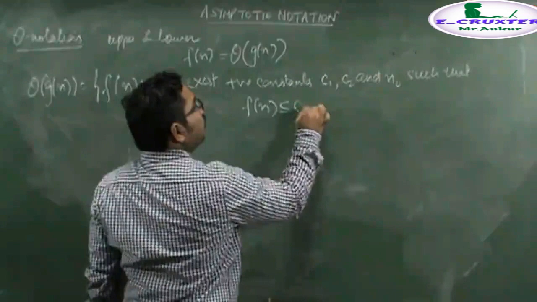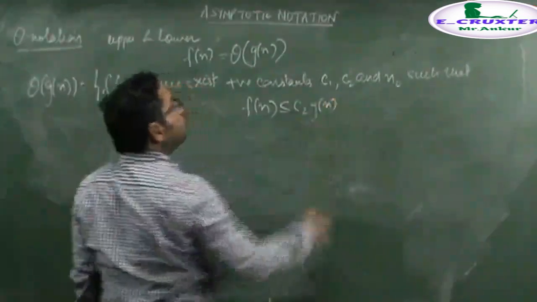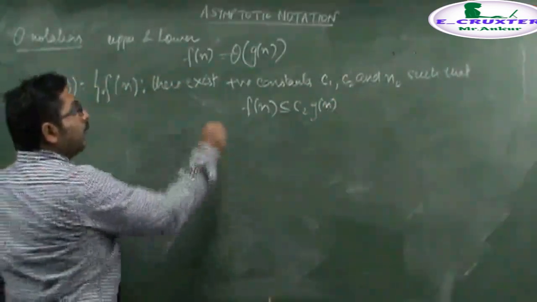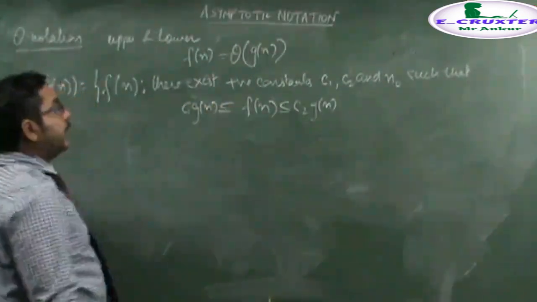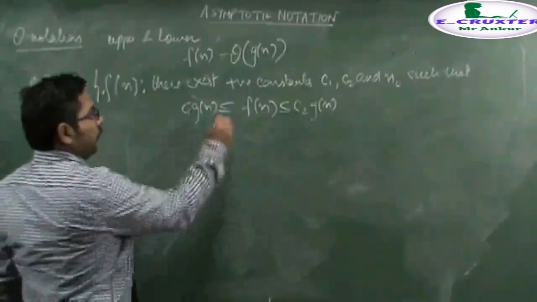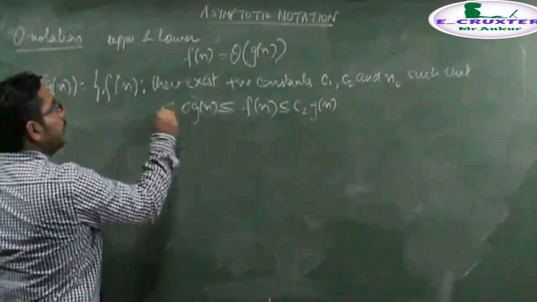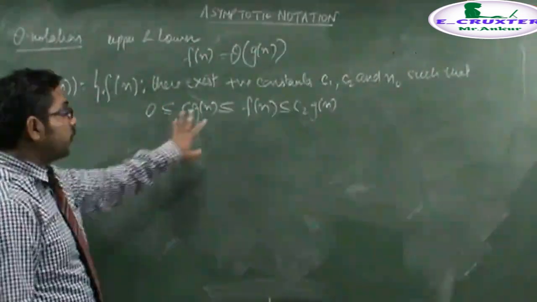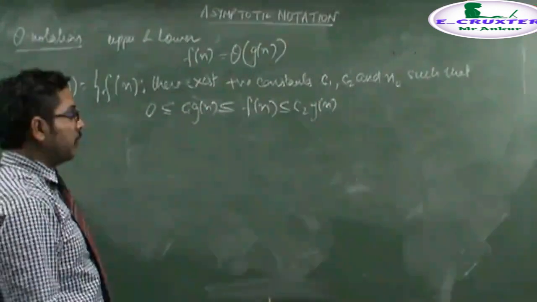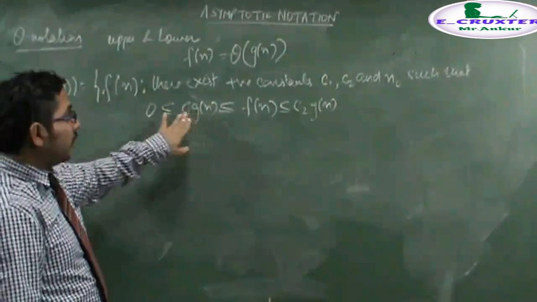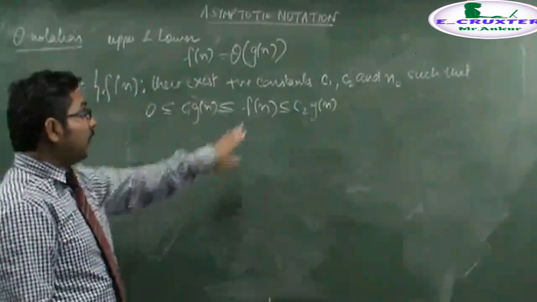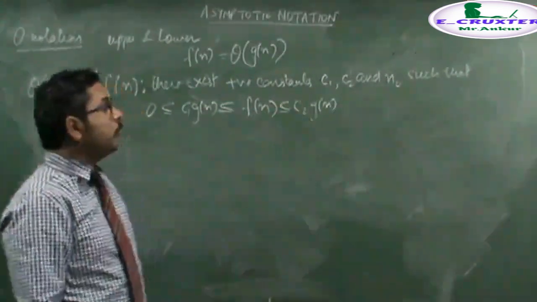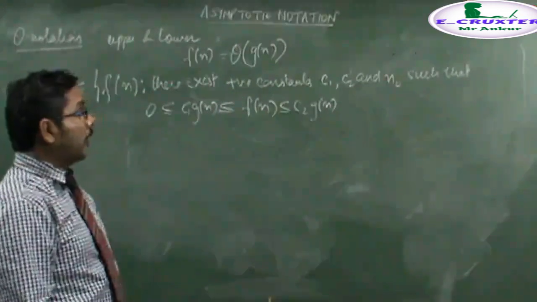That is, I multiply g(n) with the constant C2, then it is acting as the upper bound, and when I multiply it by the constant C1, then it is acting as the lower bound for f(n). And these are greater than or equal to 0, that is, these are all asymptotically positive functions.